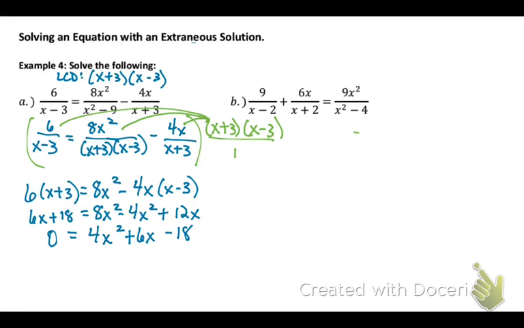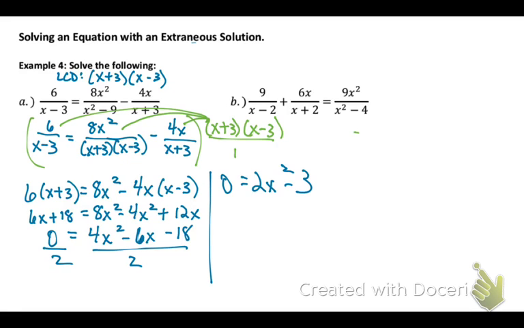All right, so let's do that. And then I can divide everything by 2. So I'll be left with 2x squared minus 3x minus 9.